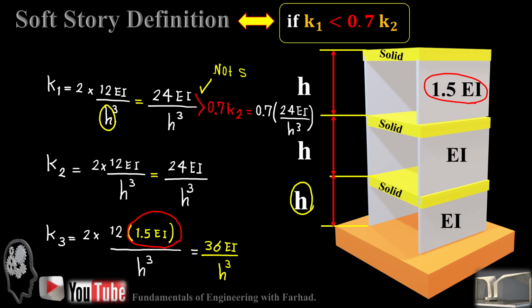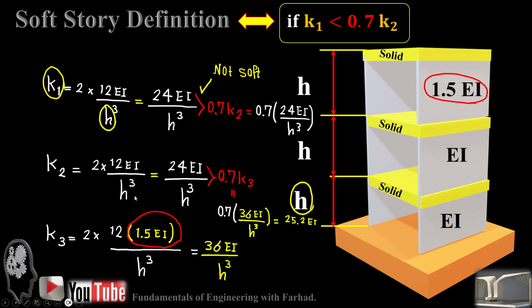For the first story, K1 is 24EI over H cubed. If it's bigger than 70%, it's not a soft story. 24EI over H cubed is definitely higher than 70% of the stiffness above, so the first story is not a soft story.